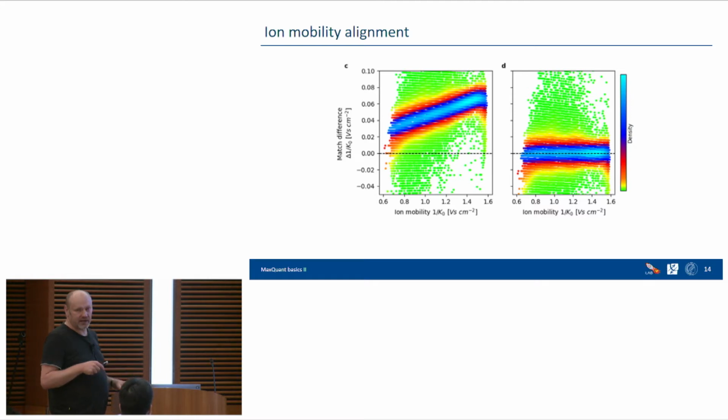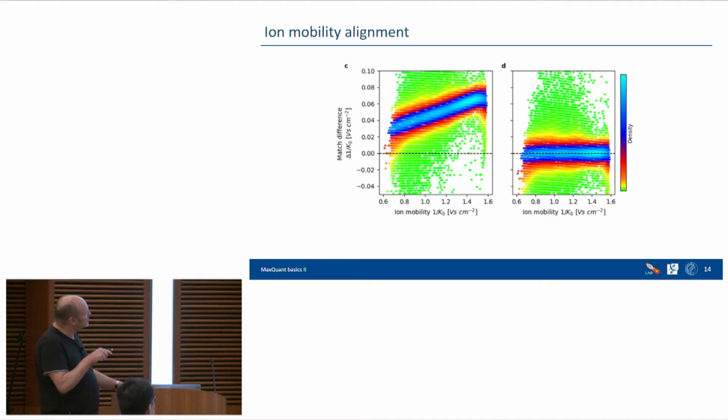we see that in unaligned data, if we match two runs to each other with a large window, we see that the density of these match differences, so this is 1 over k0, which is just one specific way of parameterizing what we called before the ion mobility index. It's a more physical way of parameterizing the ion mobility dimension.